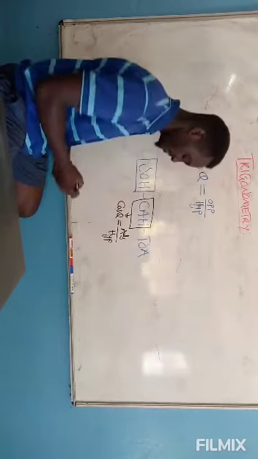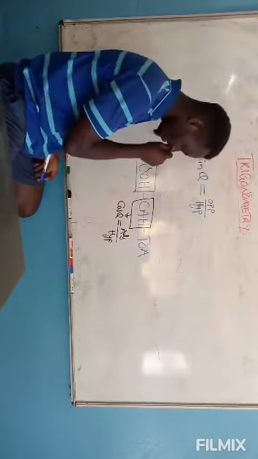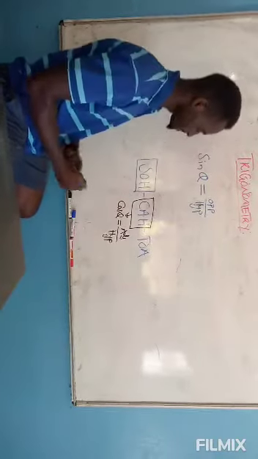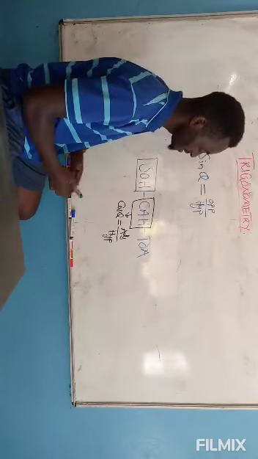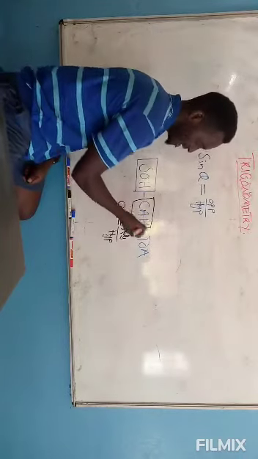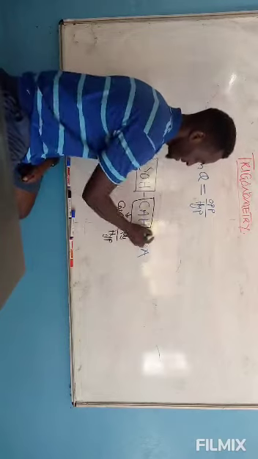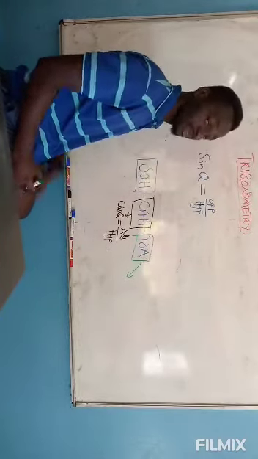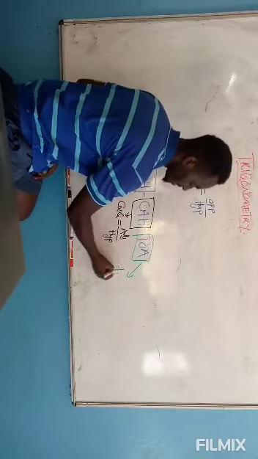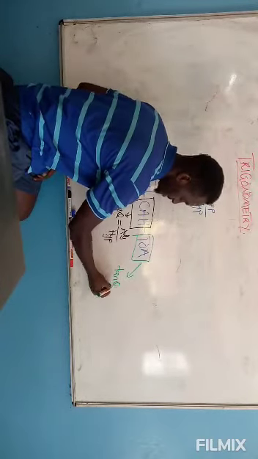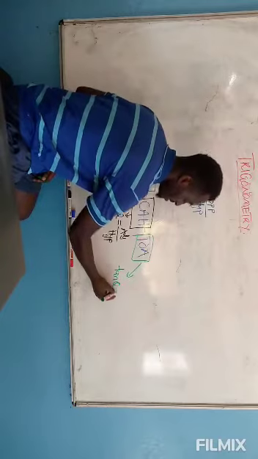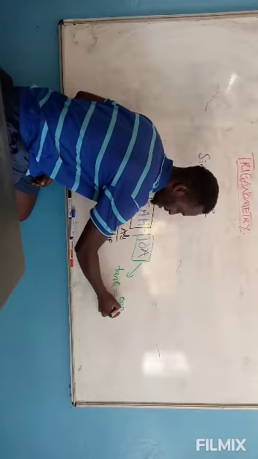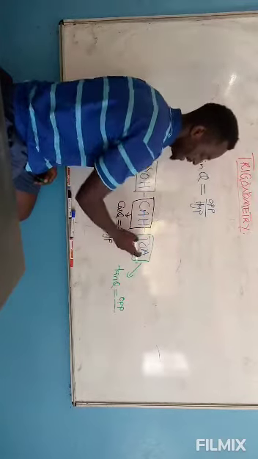Let's go to the third one, TOA. The T is the tangent, so it's going to be tan theta, which is the given angle, is equal to the ratio O, which is opposite, over A, which is adjacent.